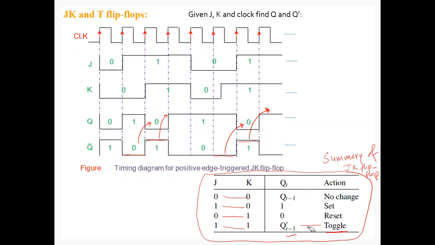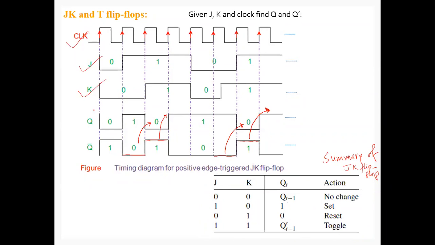Okay, let's use this and figure out the timing output. You are given clock, J, and K. Now your goal is to figure out these two. Let's figure that out. JK flip-flop works when the transition occurs from 0 to 1.